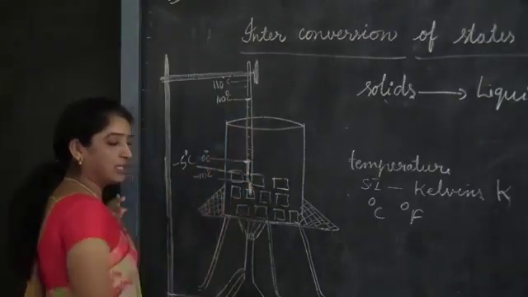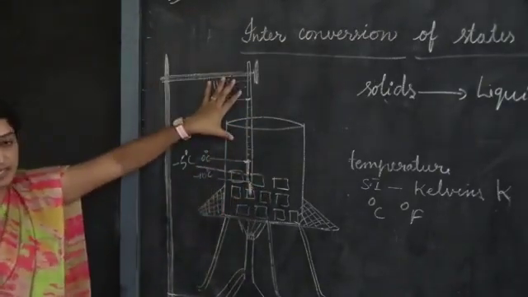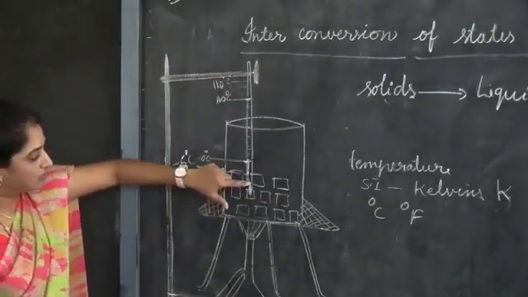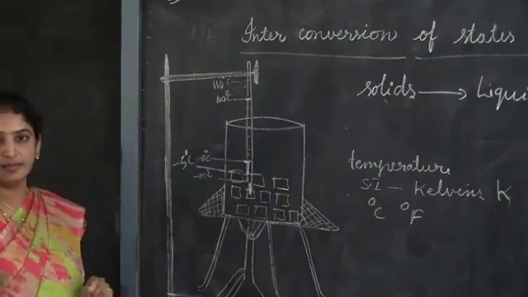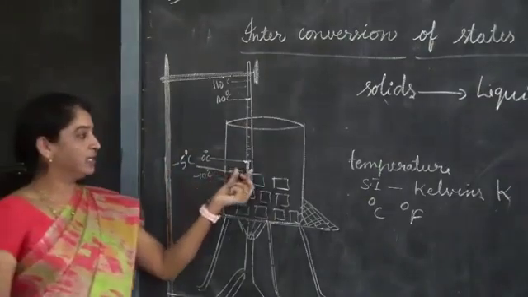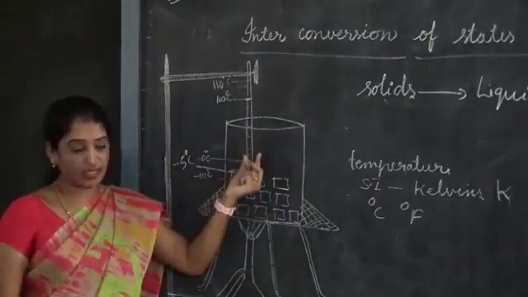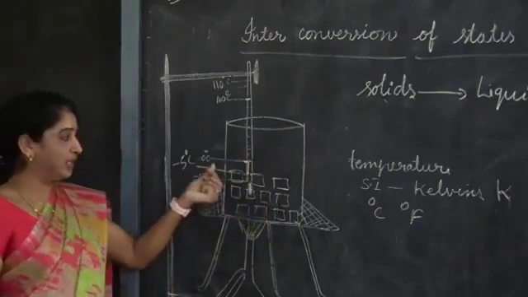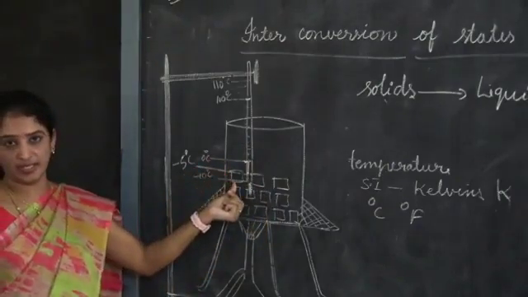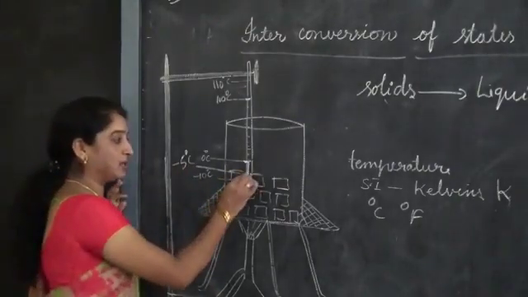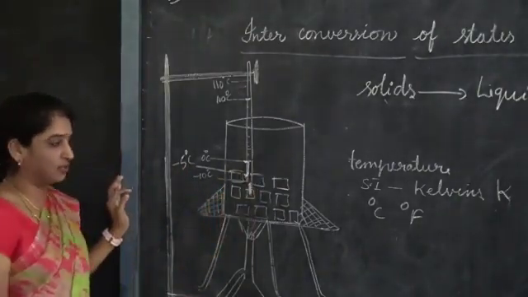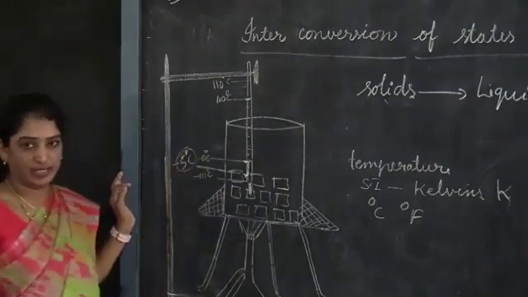Alcohol or mercury is present in the thermometer. So that color, you can notice that it rises in the thermometer. Initially note down the temperature of the ice cube. Definitely it shows less than 0 degrees. Assume that it may be -5 degrees. So note down the initial temperature of the ice cube, that is -5 degrees.